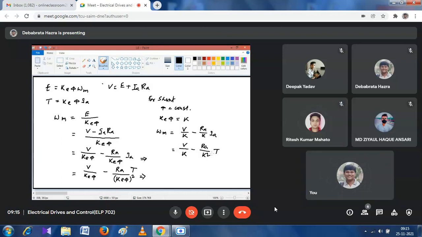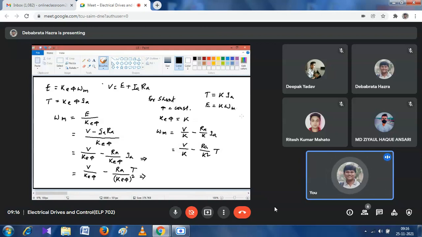Yes, sir. And the torque equation, what is the torque equation? T is equal to K into Ia, and E can be written as K into omega m.